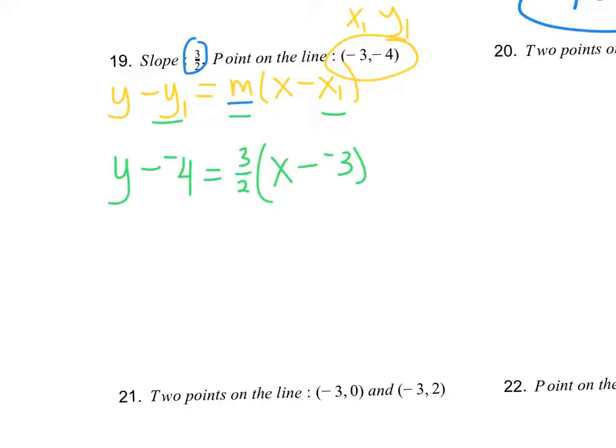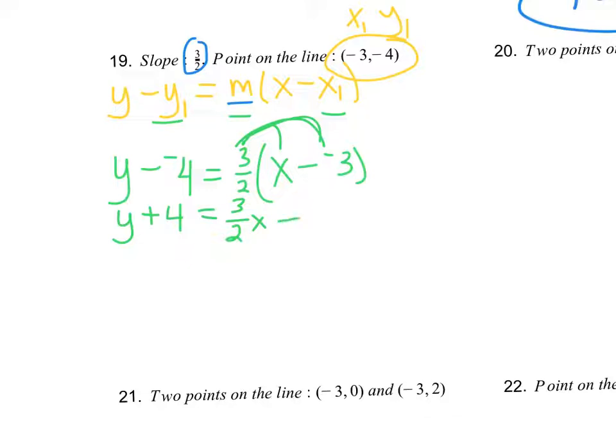So I'm noticing that I have a minus a negative 4 here. I'm just going to clean that up to be y plus 4. Two negatives make a positive. And I'm going to distribute this. So 3 halves times x is 3 halves x. And then 3 halves times, careful here, this is minus a negative 3. So it's technically a positive 3.